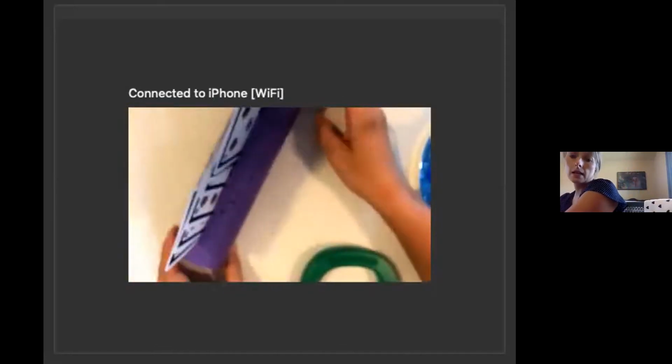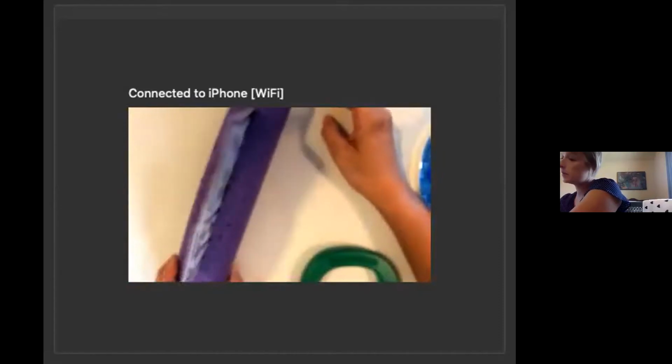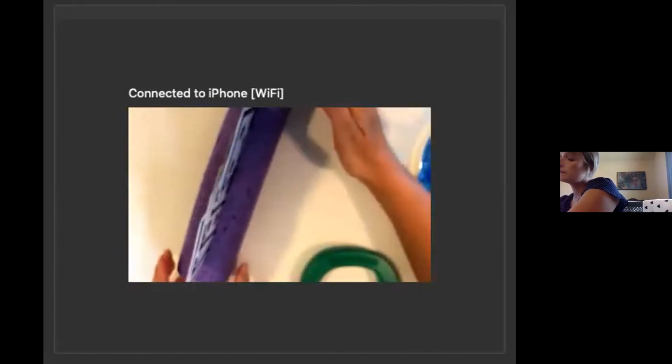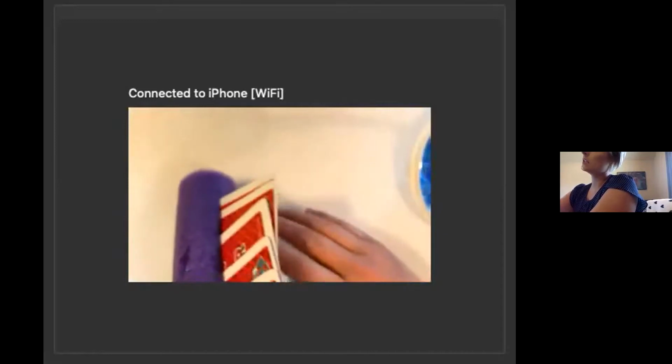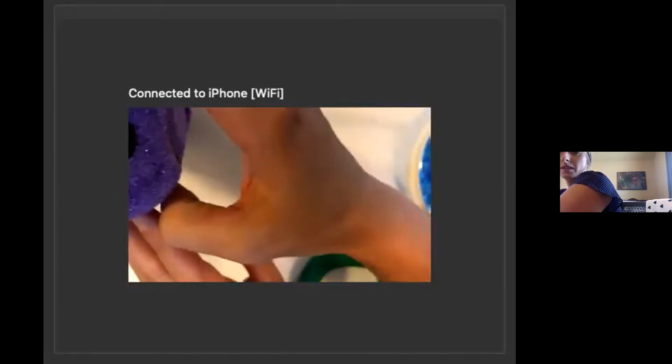Then I took a pool noodle again and made a card holder. You guys have probably seen that. I just cut the bottom to flatten it, and then I cut a slit in the middle, all the way through, so the cards rest in the middle of the circle.